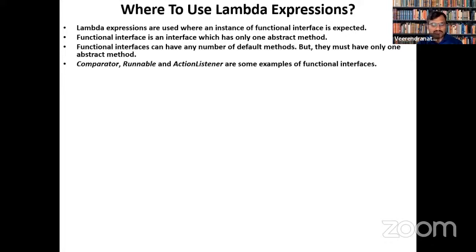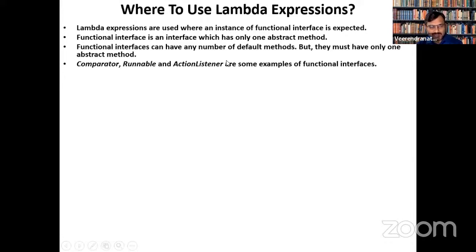Some realistic examples of functional interfaces are Comparator, Runnable, and ActionListener. These are three real examples of functional interfaces. You might not have gone through Comparator or ActionListener.